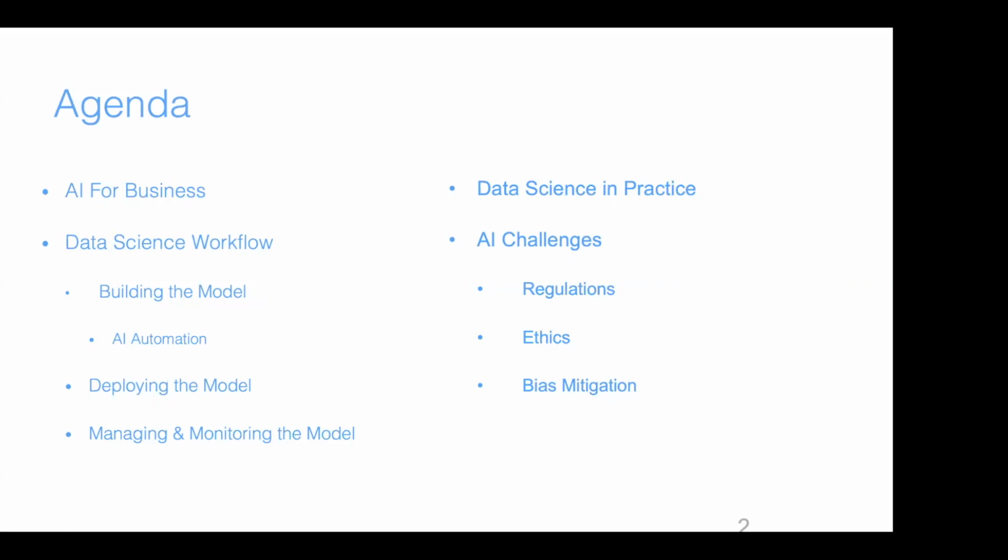After that, we are going to go into details on the data science workflow: how to build a model, how to automate it, how to deploy the model, and manage and monitor the deployed model. After that, we are going to look into some data science use cases that our team resolved. These are going to be real life cases. And then eventually we are going to go into the AI challenges, and we are going to speak about regulations, ethics, and bias mitigations.